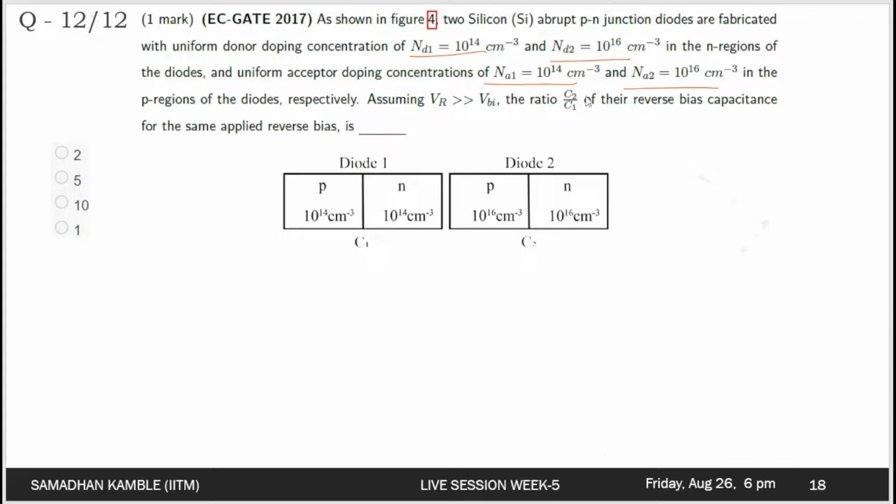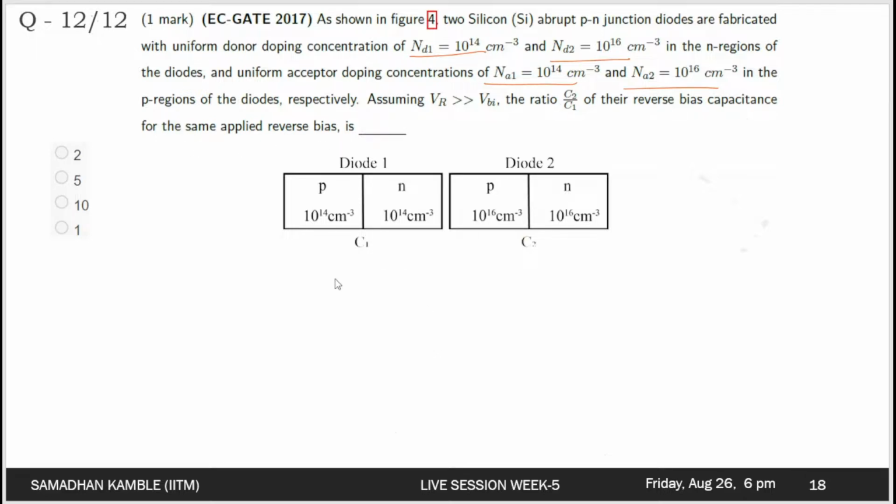Also assuming that the applied reverse bias voltage is much higher than the built-in potential, the ratio C2 by C1 is asked: the ratio of the junction capacitance under reverse bias for the same applied reverse bias is.